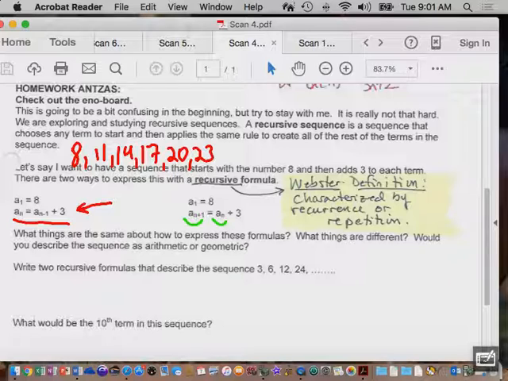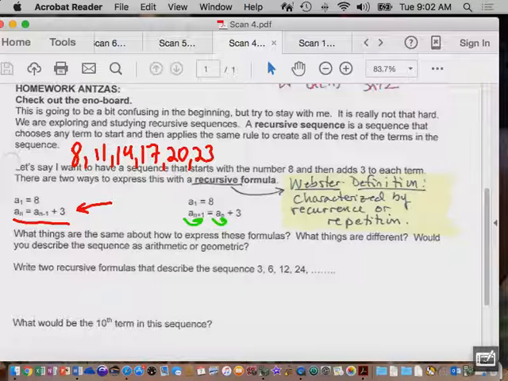So if I have a general term called the nth term, what would the next term be? The n plus 1 term. So look here. This is saying the new term, a sub n plus 1, is the previous term. Doesn't the n plus 1 term have to come after the n term?